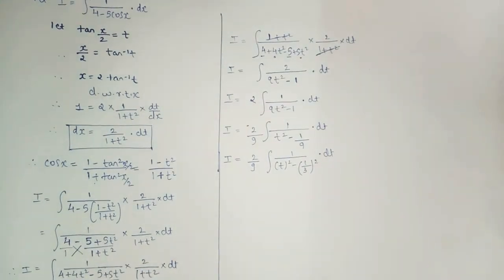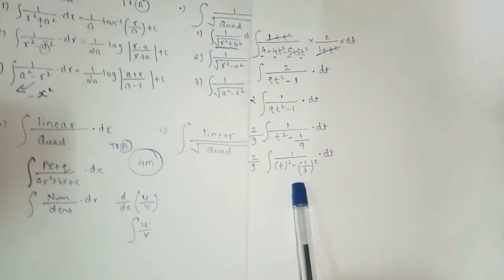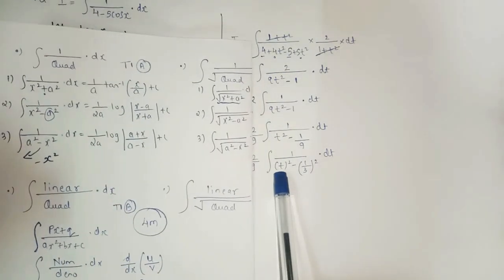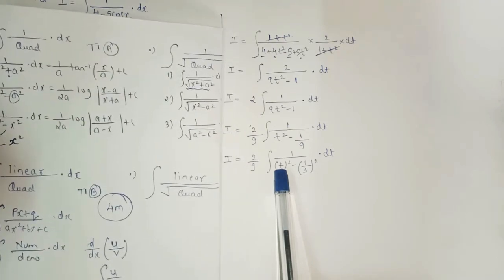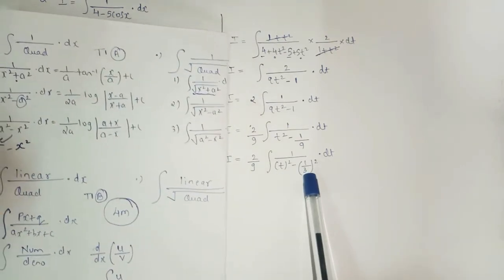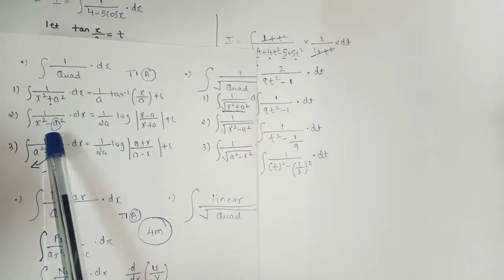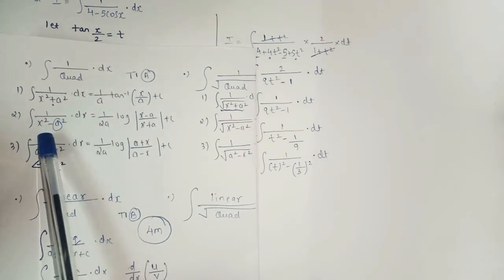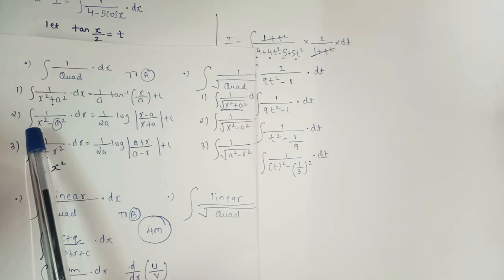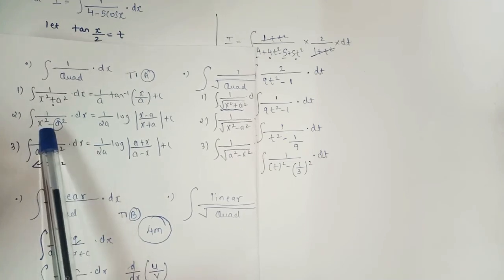Now simply we have to check which formula it gets converted into. The first one is variable, and the second one is number, and the connection is minus. As clearly we can see that it looks like integral 1 upon x square minus a square. The first one is variable, the second one is number, and the connection is minus.